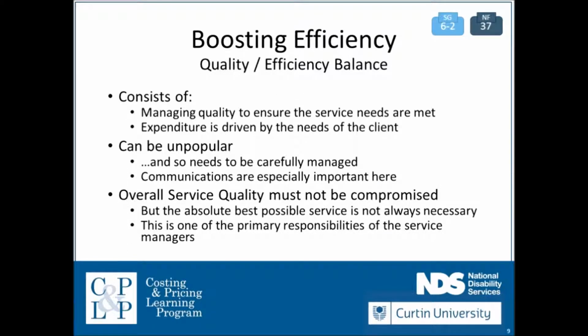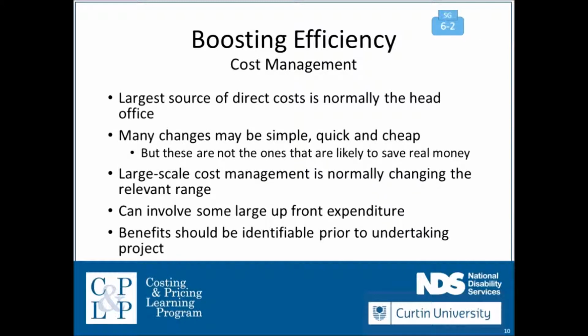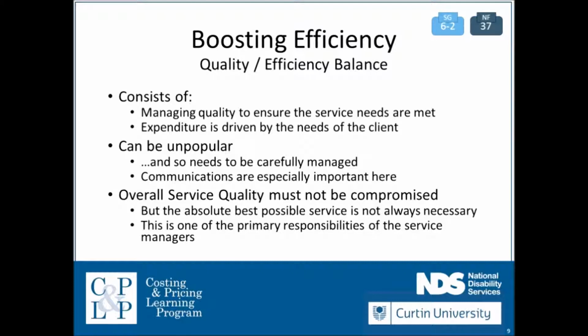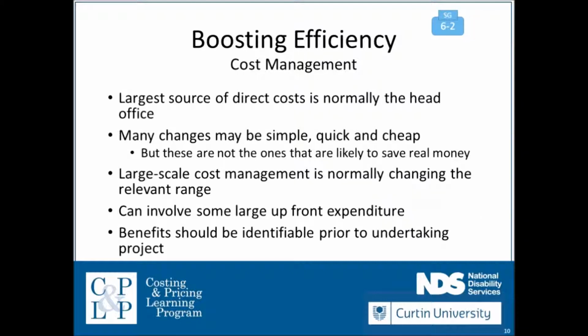For instance, the taking on of a client typically is an expensive process, and dealing with clients or prospective clients, or even what we might term as tire kickers, people that are coming to your organisation looking to understand exactly what you do, whether you can provide a service, etc. It is important to efficiently be able to either recruit those clients into your organisation or to move those clients onto another appropriate organisation as quickly as possible.